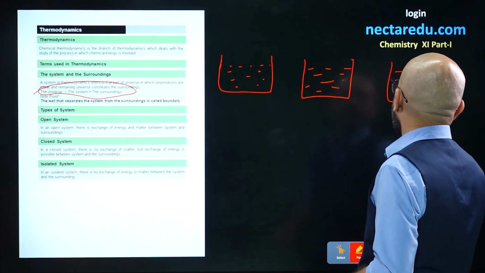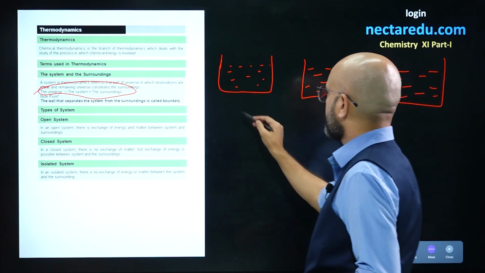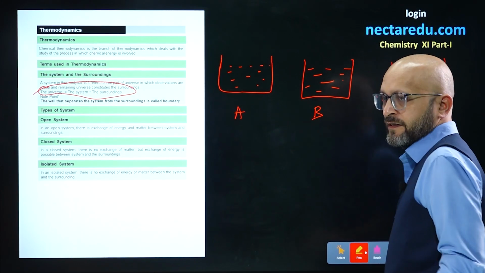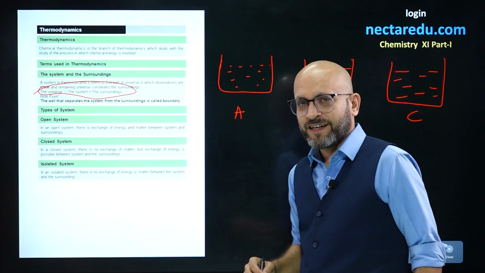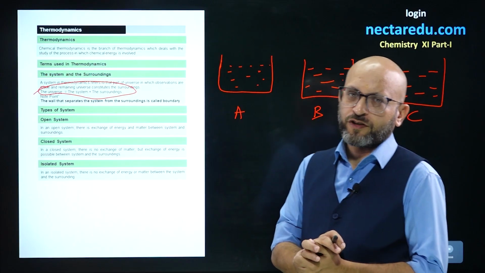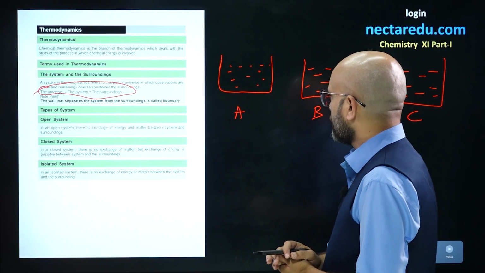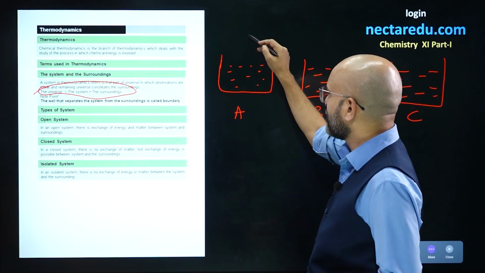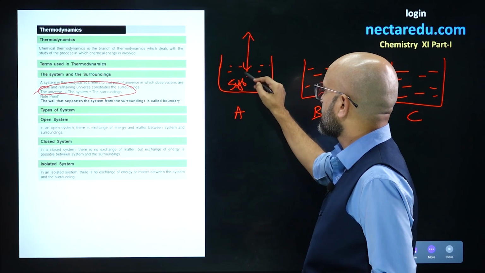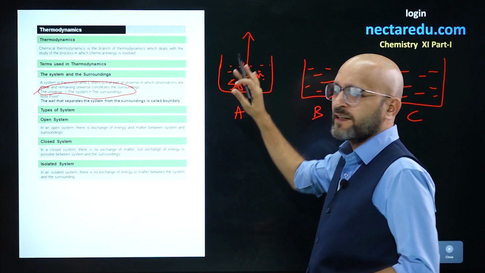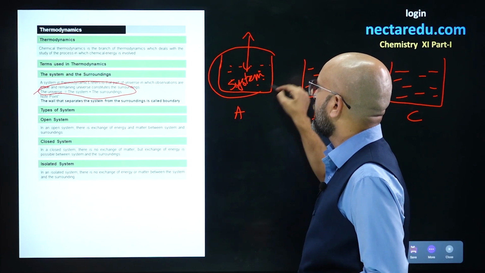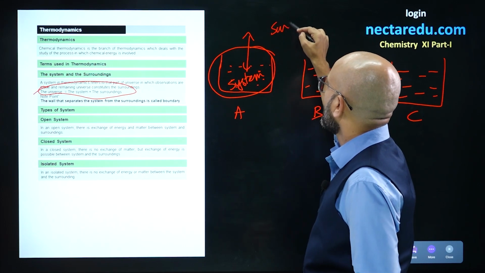So I have three figures in front of me: A, B, and C. In option A, I have a jar filled with water. I am observing the water inside the jar, so this is the system, and anything outside it is the surrounding.